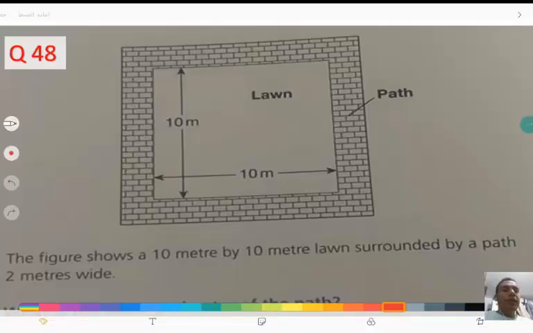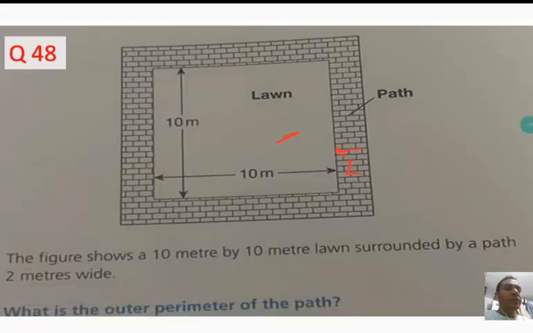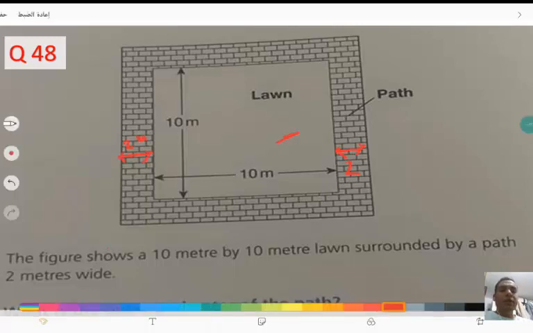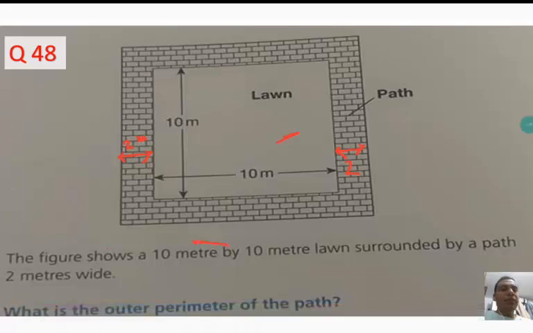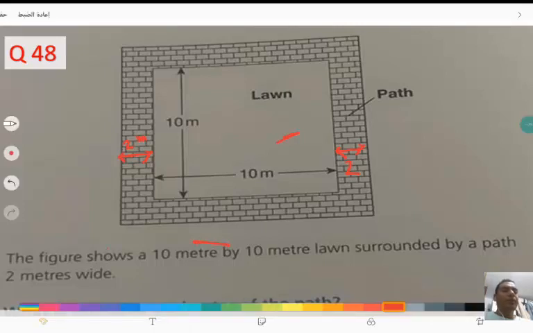The figure shows a 10 meter by 10 meter lawn surrounded by a path 2 meter wide. That means the width of the path is 2 meter, left and right 2 meter. Then what is the outer perimeter of the path? Okay, so he needs the outer perimeter.